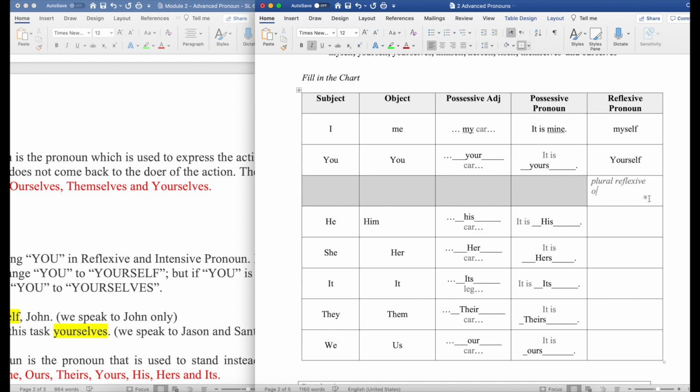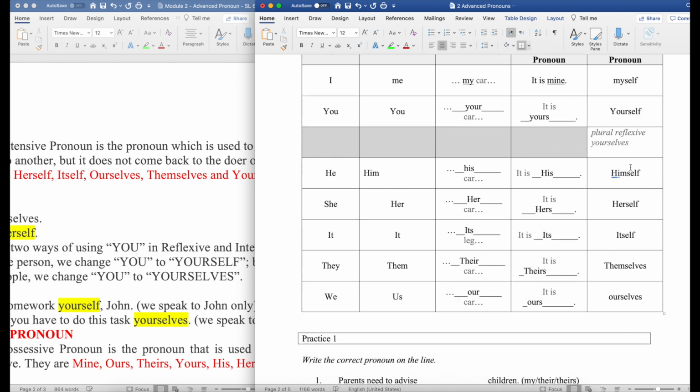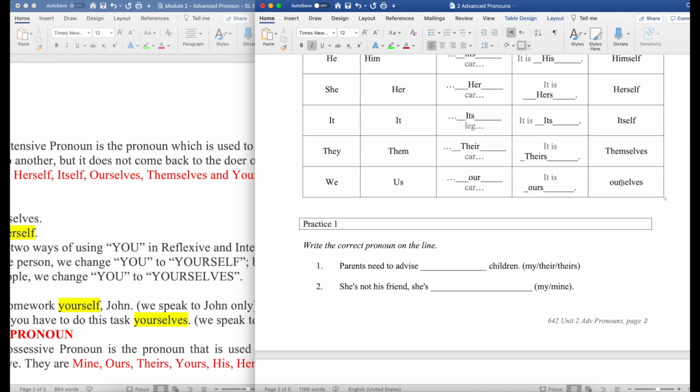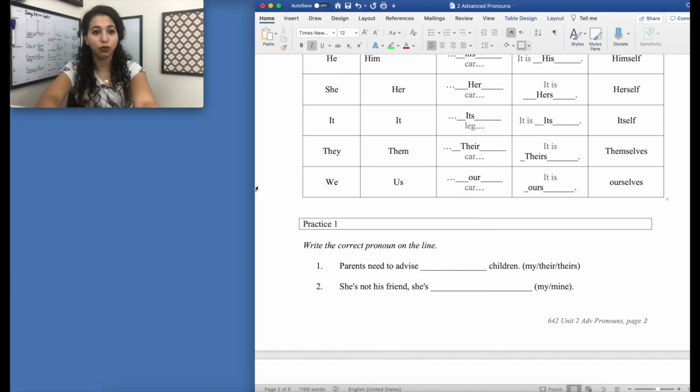If it's plural, yourselves, himself, herself, itself, and then we have themselves, okay, and ourselves, okay. And this one is the plural version of this. All right, so we don't need this sheet anymore, hopefully. So we're just going to move to this one.